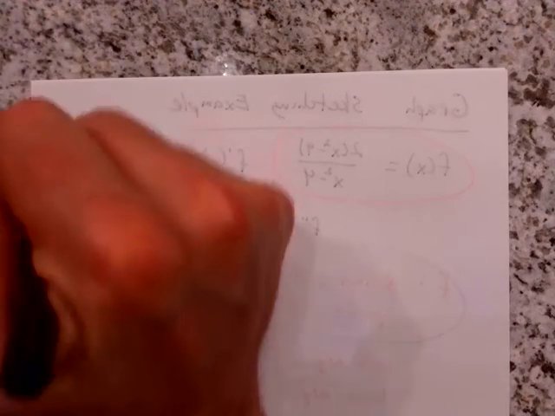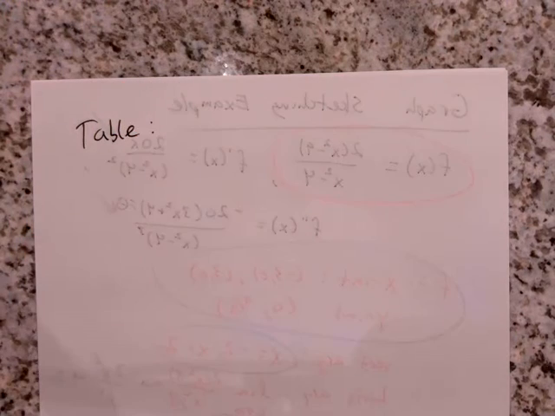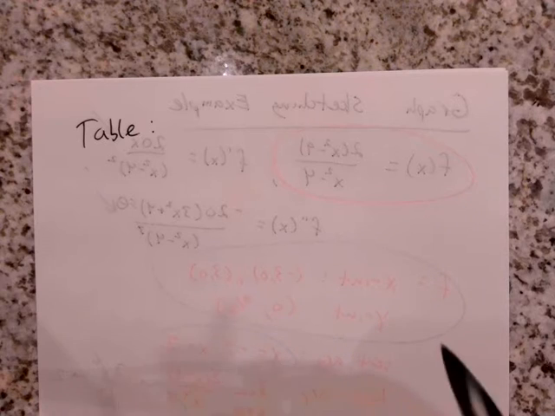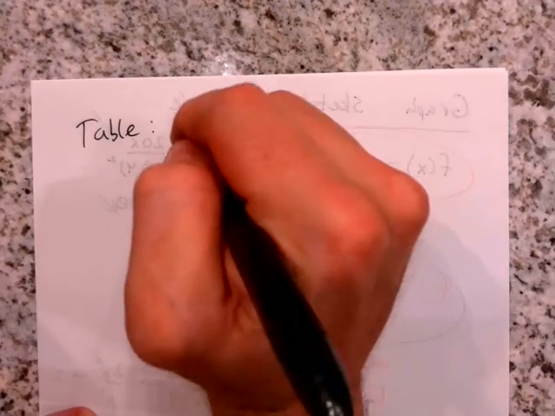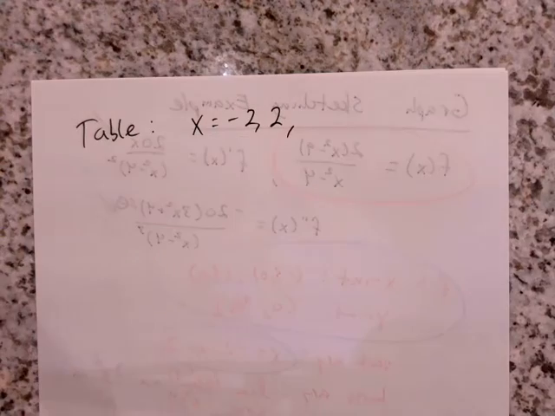Next, we make our table. For the table, we consider all the x values where the shape of the graph might change. Now, the x-intercepts will not correspond to a change in shape. That's just where the graph is. But asymptotes, vertical asymptotes, are x values where the shape might change.